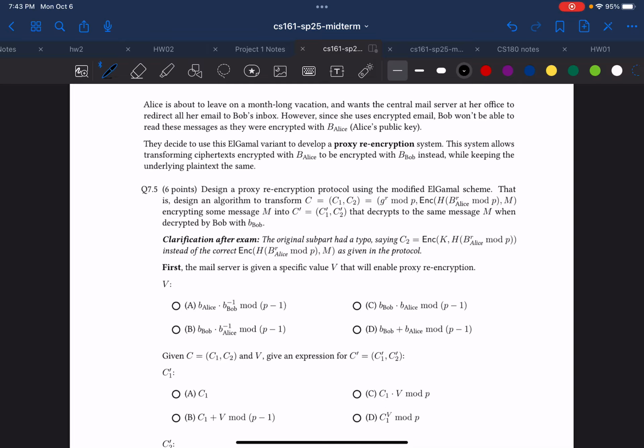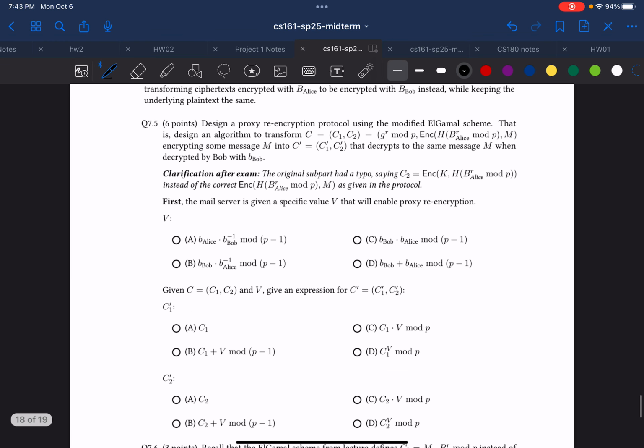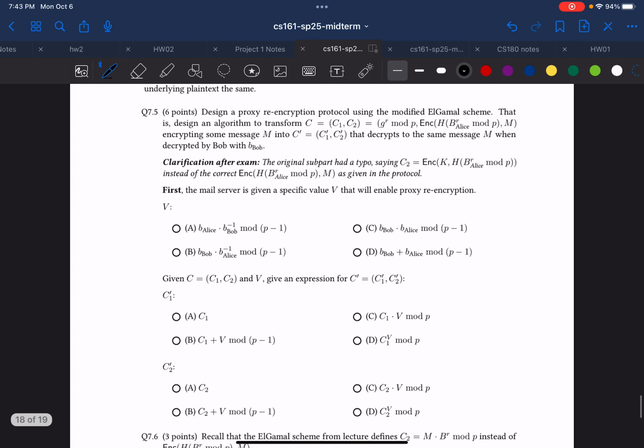This system allows transforming ciphertext encrypted with Alice's public key to be encrypted with Bob's public key instead, while keeping the underlying plaintext the same. And so, going further into the actual question, design a proxy re-encryption protocol using the modified El-Gamal scheme.